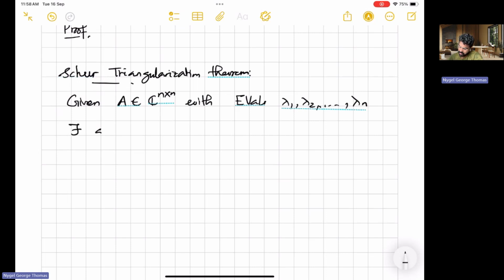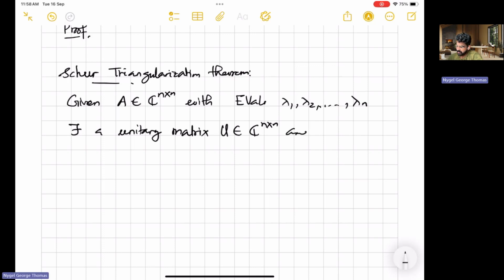there exists a unitary matrix U. And what is the property of the unitary matrix? U into U Hermitian is equal to I. You'll look at unitary matrices also in detail, but we already know what unitary matrices are.